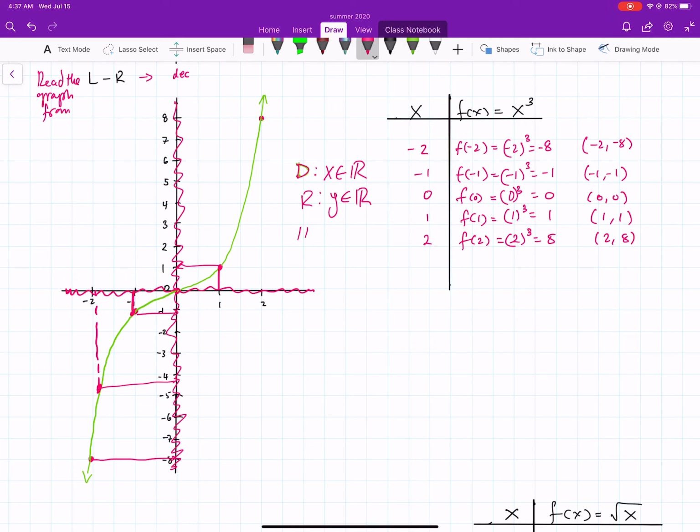Now, is this function increasing or decreasing? So if it's increasing, I expect the y values to be getting bigger and bigger. If I compare any two y values, I should see that the next one is bigger than the previous one.